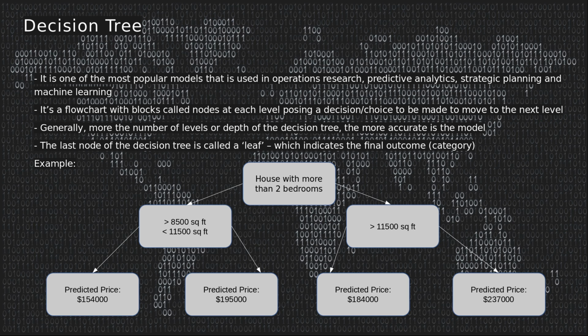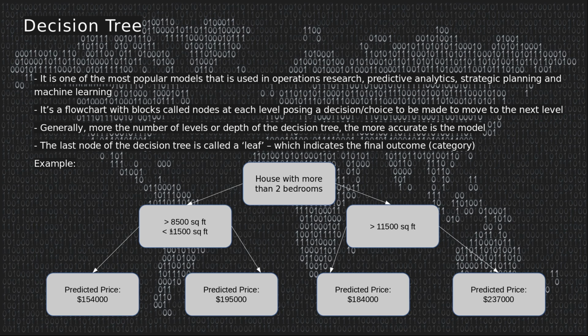Like in this example that you see here, what we are trying to do is, based on some questions or properties that we identify of houses, like houses with more than 2 bedrooms, if it is yes, then it moves in this direction. If it is no, then it moves in this direction. And if the overall area of the house is more than 8,500 square feet but less than 11,500 square feet, then the possible price of that house could be around 154k dollars.